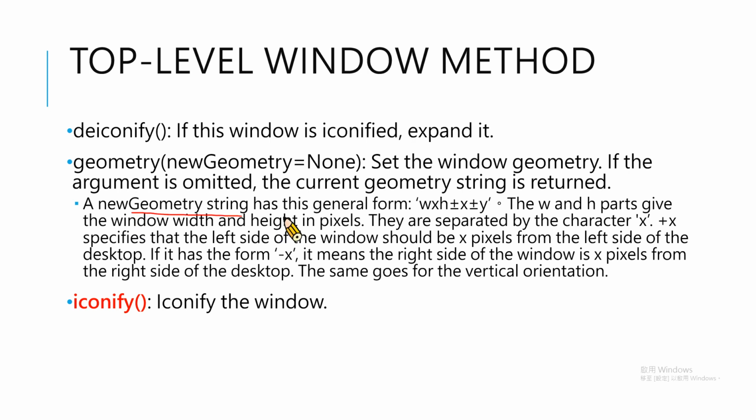Usually a window's geometry is expressed like that. W means the width of the window, H means the height of the window, and X and Y mean the coordinates of the top left corner of the window.